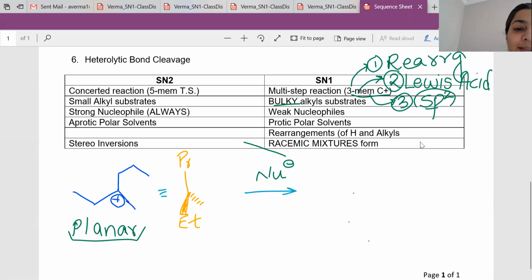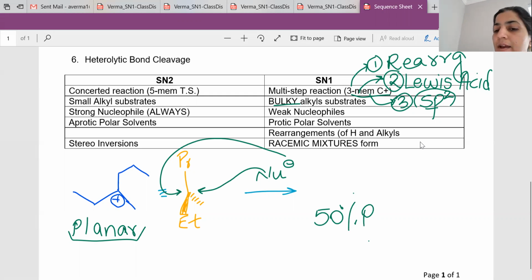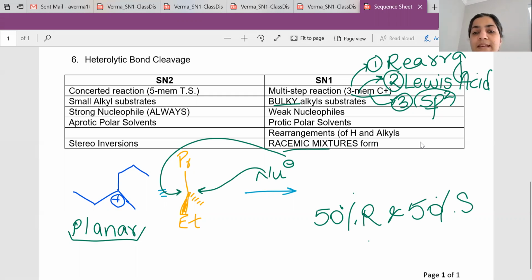So the nucleophile has a 50% chance of attacking from one side or from the other side, resulting in 50% R enantiomer and 50% S enantiomer, which is nothing but a racemic mixture. Because of this carbocation in SN1, we will see different kinds of products being formed.